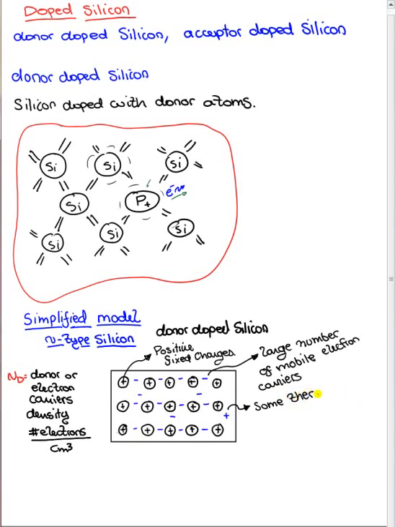So it's heavily dependent on temperature. And so even though we might not want it, at room temperature there have to be some thermally generated mobile carriers.